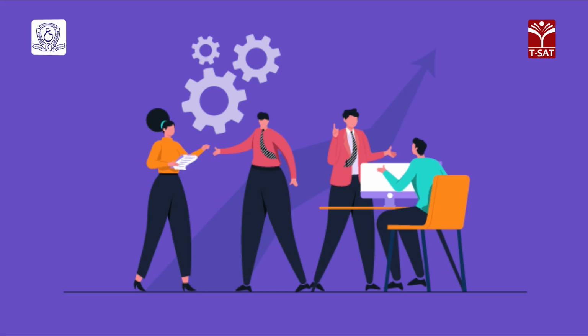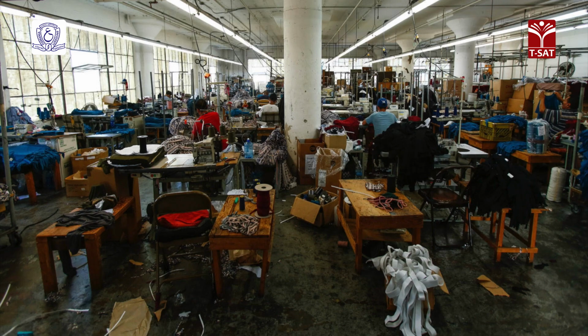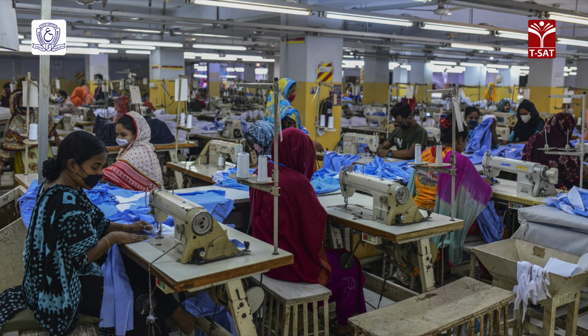For example, workers and managers are needed to run a factory. No factory can exist with only workers and no managers, or only managers and no workers. Hence, managers and workers are integral for running a factory.